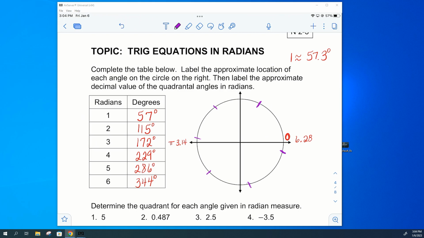That's somewhat close, I guess. Or at least I try to be. Maybe the 2 is a little off, but whatever. You get the idea. That's approximately 1 radian, 2 radians, 3, 4, 5, and 6.